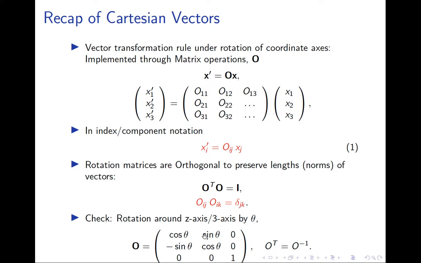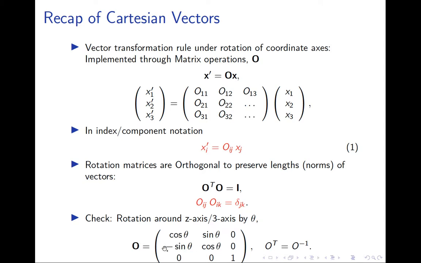And we also checked the fact that rotation matrices are orthogonal by looking at the special case when we rotated the xy plane around the z-axis by an angle theta. The matrix corresponding to that was this.